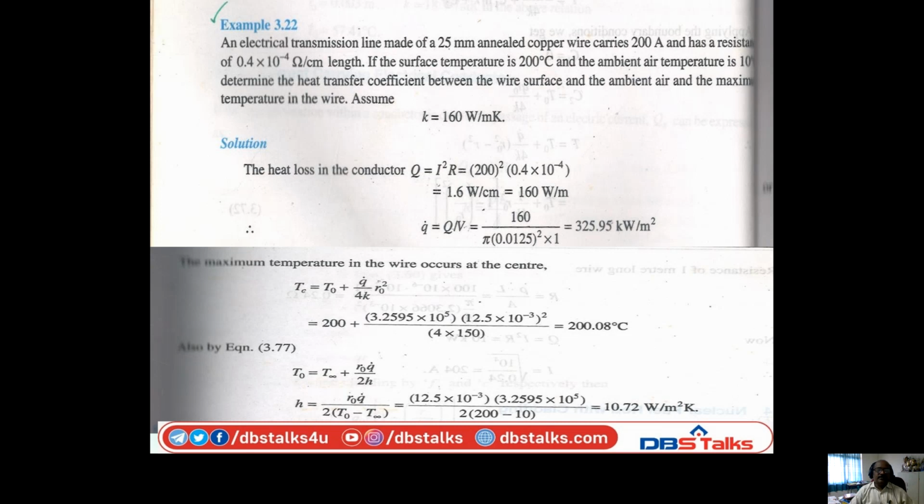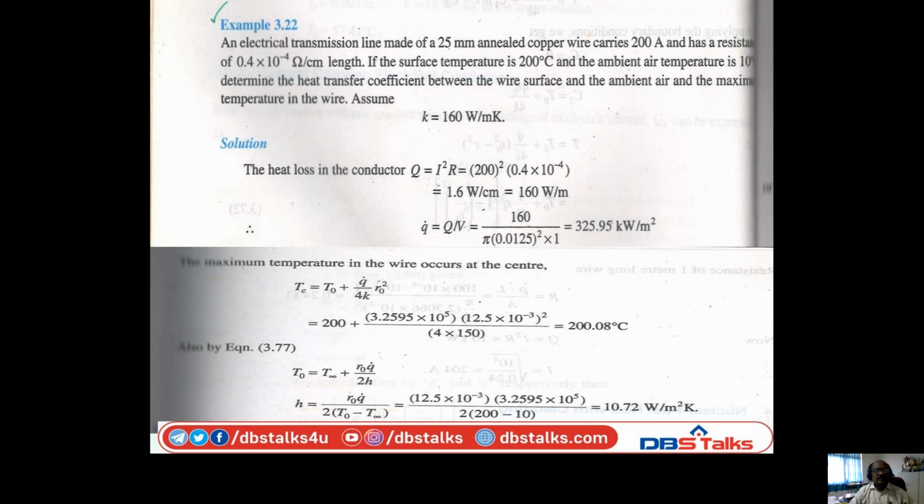So he is asking to find out the surface temperature and the maximum temperature. Surface temperature means wall temperature, and he is asking to find out the maximum temperature.